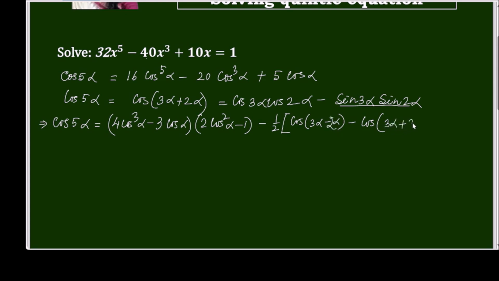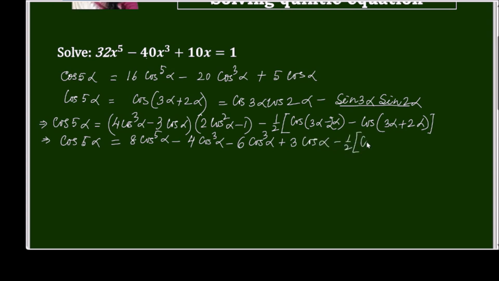So we are getting cos 5 alpha equals, multiplying, 8 cos power 5 alpha minus 4 cos cube alpha minus 6 cos cube alpha plus 3 cos alpha. And here within the bracket I am getting half cos alpha minus half cos 5 alpha.